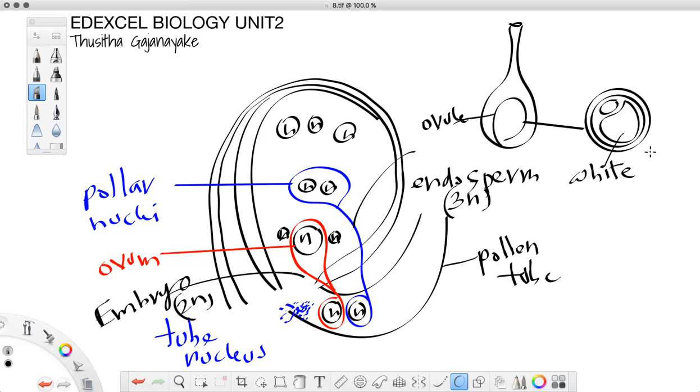Take any seed, you can see a big white part, which is the endosperm, which has mostly starch. Even in a rice grain, the endosperm is the starch-storing part, right? So endosperm has starch. And then the rest of the ovary changes to make the fruit.